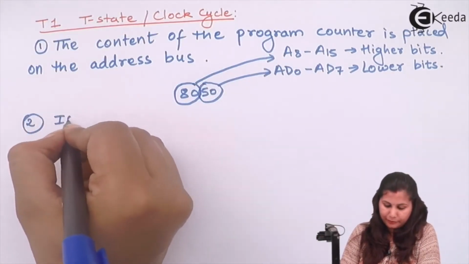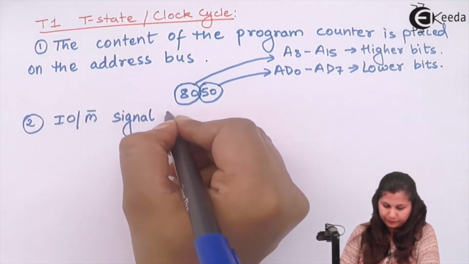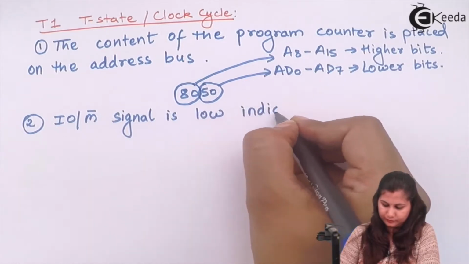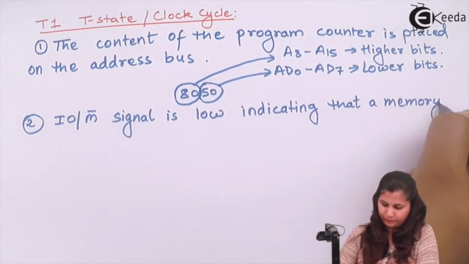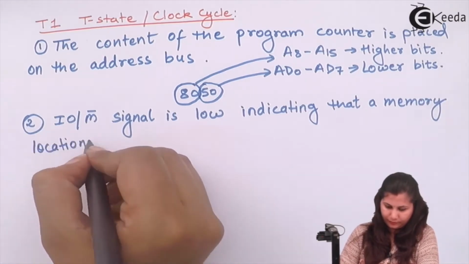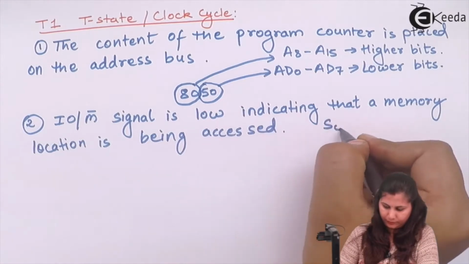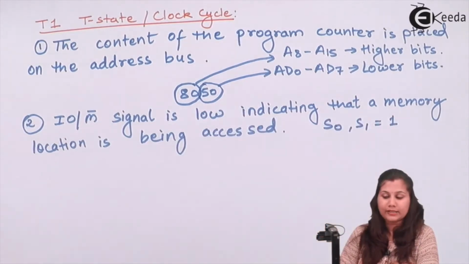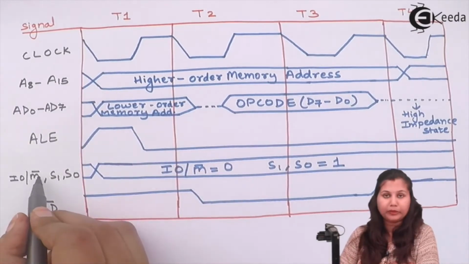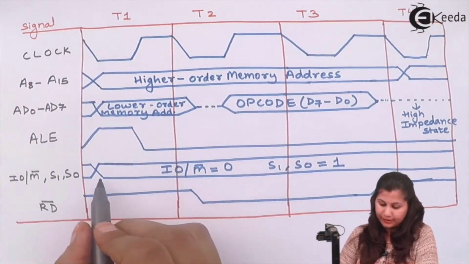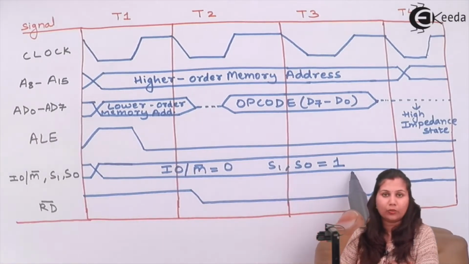Second, the input, output and memory signal. Next, you can see that in this machine cycle, the input, output and memory signal is low, and S1 and S0 values are 1.